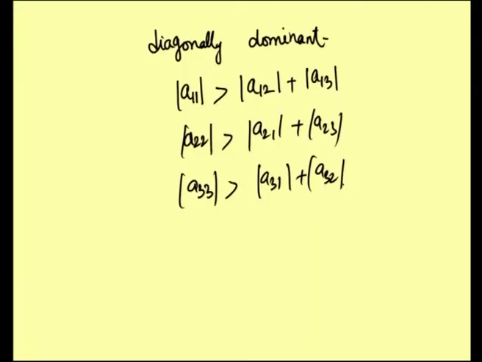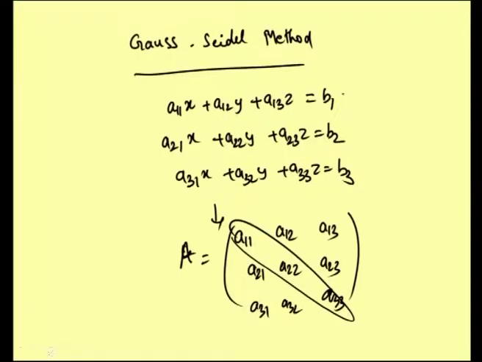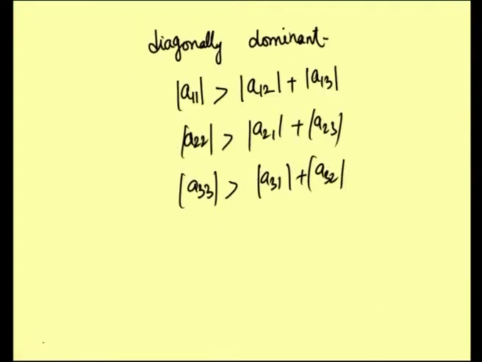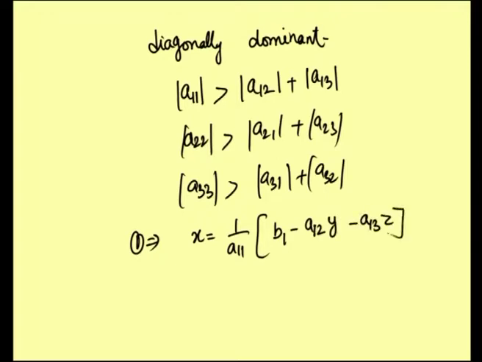After verifying that this matrix is diagonally dominant, it is suitable for the Gauss-Seidel method, and then we go ahead with the procedure. If the matrix is diagonally dominant, take the first equation. The first equation is written in terms of x is equal to, the second equation in terms of y is equal to, and the third equation in terms of z is equal to. So, the first equation gives x is equal to 1 by a11 times b1 minus a12y minus a13z.